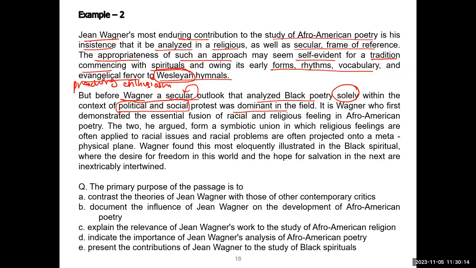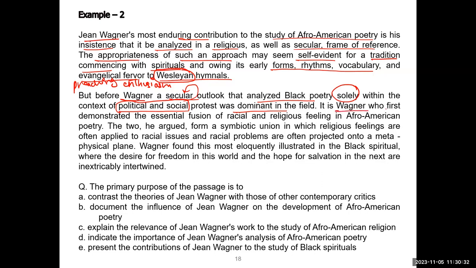People before Jean Wagner, whenever people analyzed Black poetry, they never looked at it from a religious angle. They only looked at it from a secular angle, from a political and social angle. Political and social means non-religious, secular.